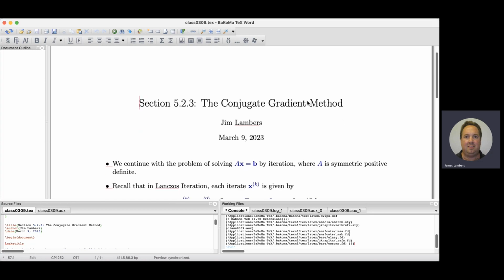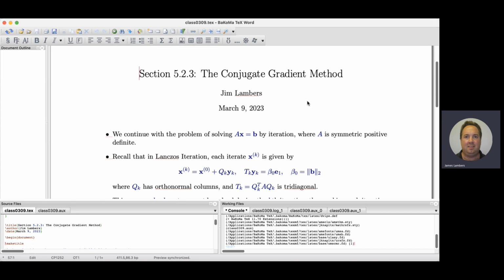We had seen the method of steepest descent, where we would have an iterate xk and then go in a direction of a residual b minus A xk a certain distance to figure out the next iterate, and that didn't work so well because each residual direction was not necessarily independent of prior directions, so progress was slow. We improved on that last time, developing the Lanczos iteration, in which each residual is orthogonal to all previous residuals.